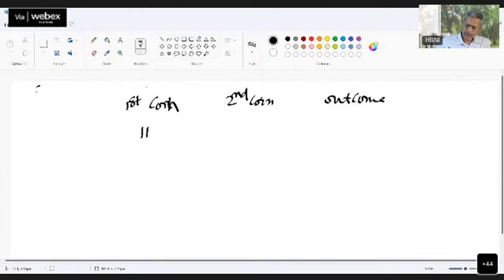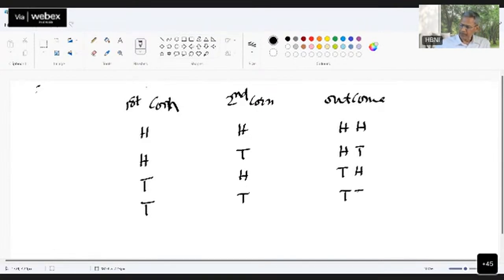So suppose first coin gets head, second coin also head, so outcome is head and head. Similarly, you can get head and tail. Or you can get tail and head. And also tail and tail. So these are the outcomes if you have two coins tossed 4 times.